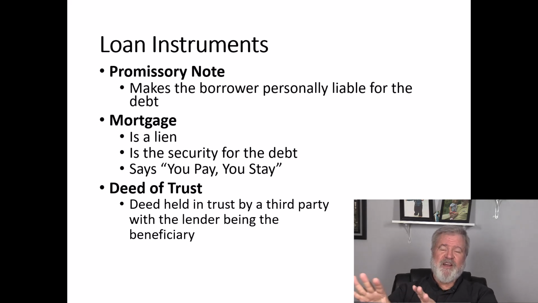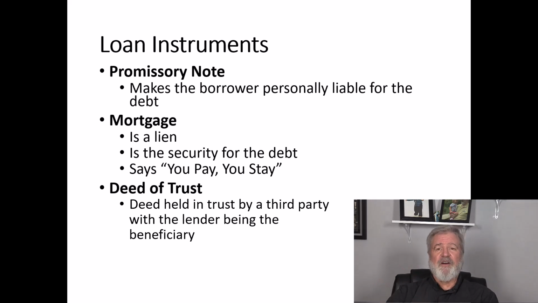I'm not going to cover this in detail again, but just as a review, remember I said you've got to know the difference between mortgagee and mortgagor. The OR and EE. OR gives, EE receives. Well, who's giving the mortgage?